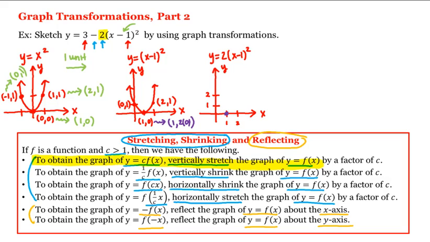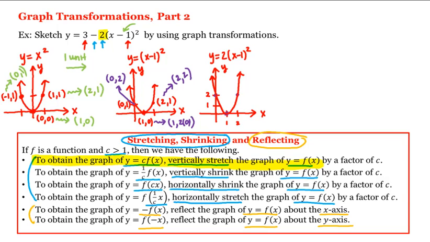But these other 2 points will move. This is going to move to 2, and then 1 times 2, which is 2. And this is also going to move to 0, and then 1 times 2, which is 2. So we have this point here and this point here on our graph. And therefore, this function will look like this. So we're vertically stretching it.